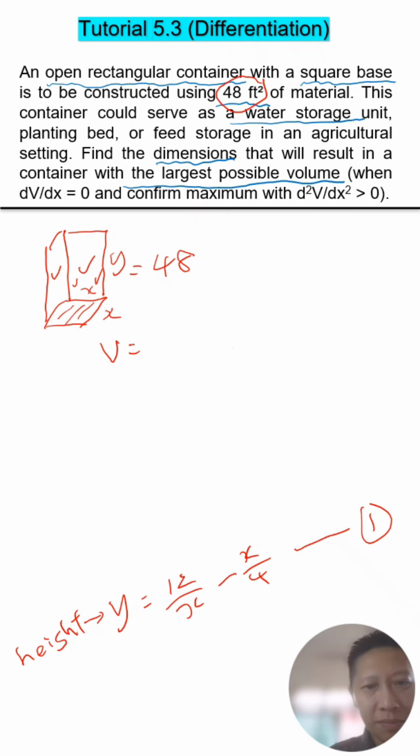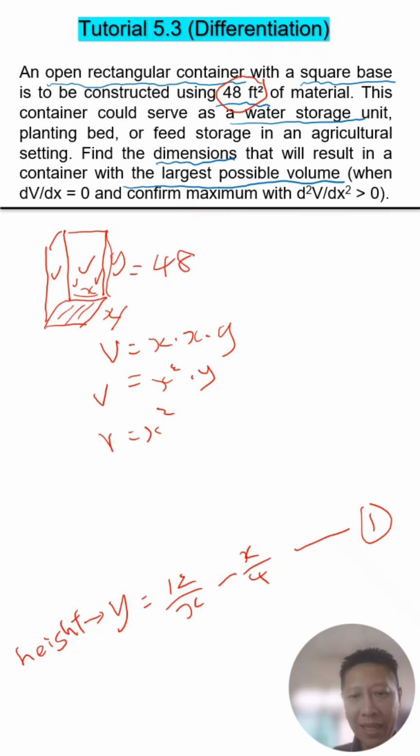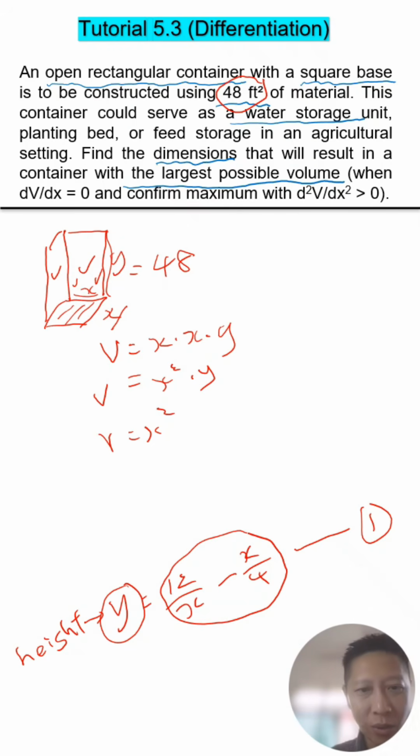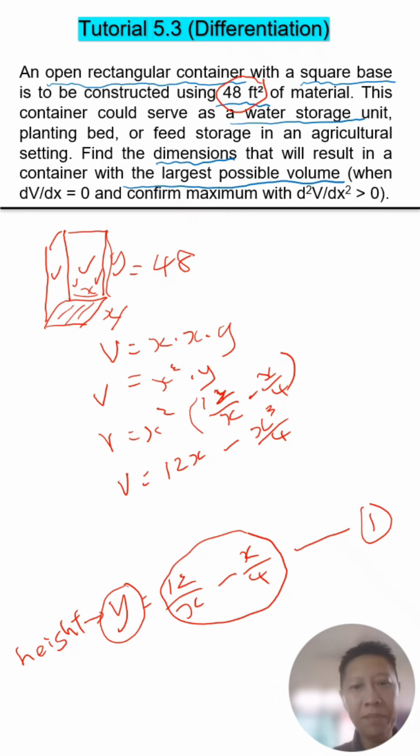So volume equals the length times the width times the height, right? x squared times y. We want to make things not so complicated by reducing the number of unknowns. Since y is related to x, we'll change its name. So we have 12x minus x to the power 3 over 4.